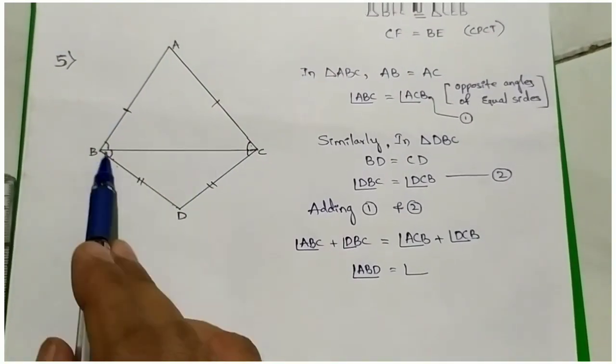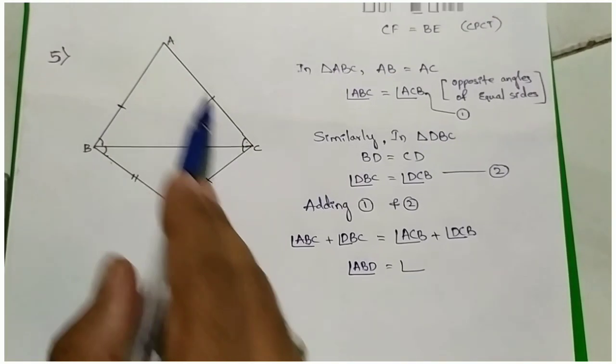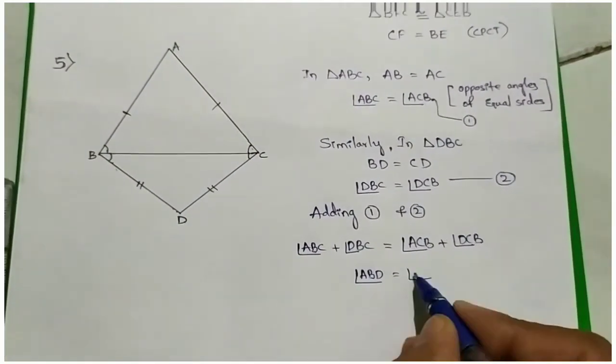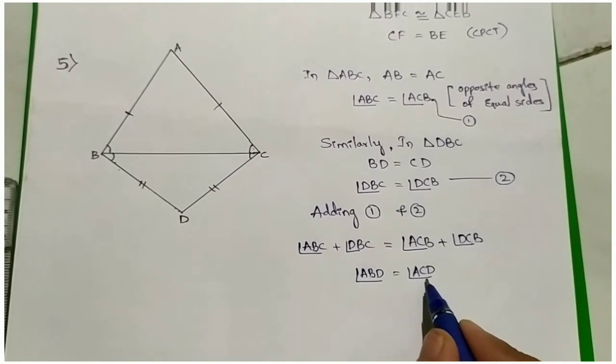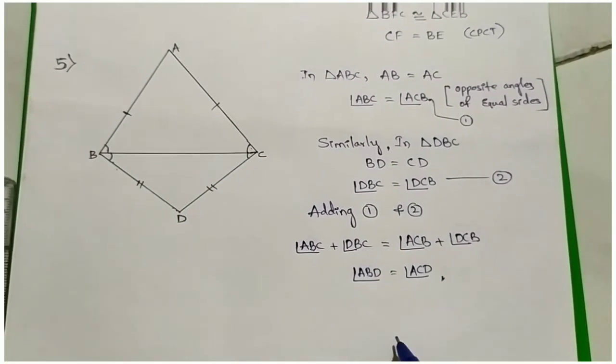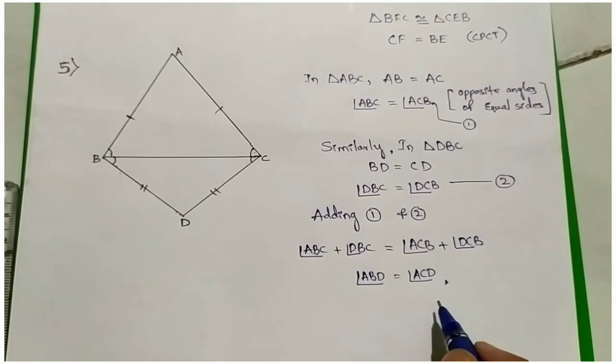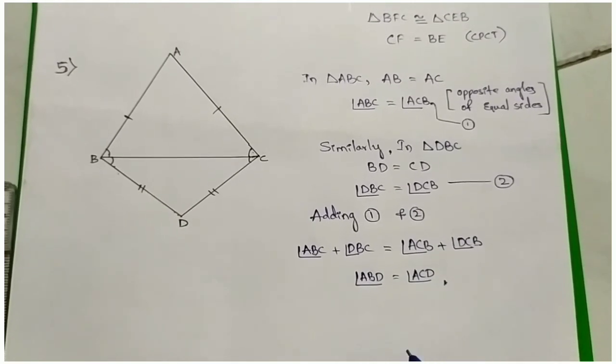If you add these two, you will get the total angle, that is ACD. Okay, ABD equal to ACD, what we need. So hence it is proved that ABD equal to ACD.